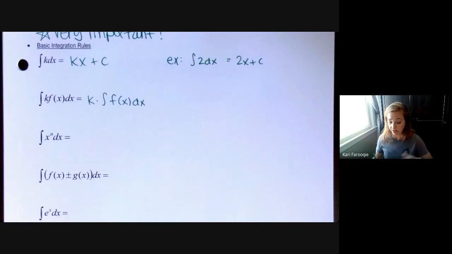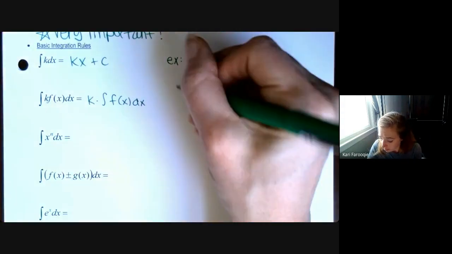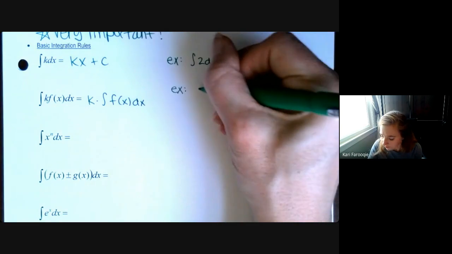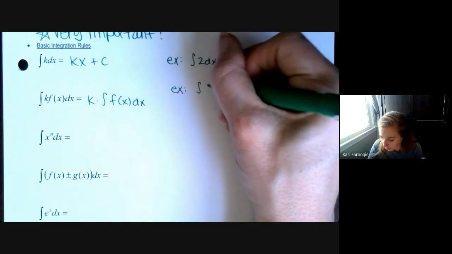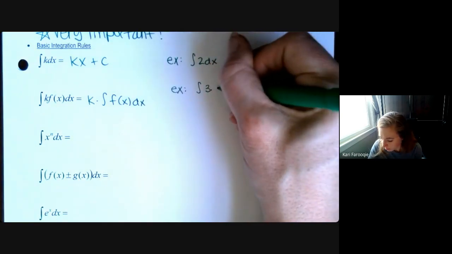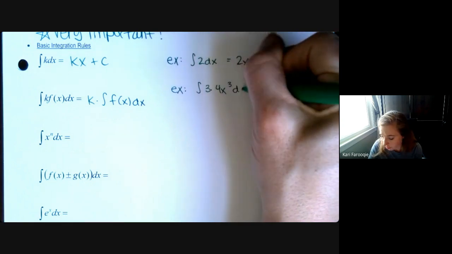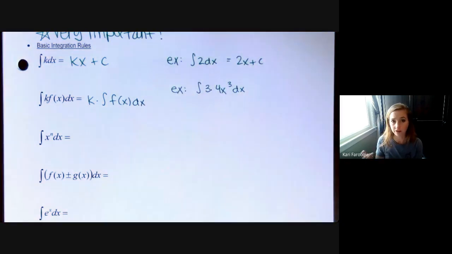So I'll give you an example of what this might look like in a basic integration problem. Let's say you had the integral of 3 times 4x cubed dx.